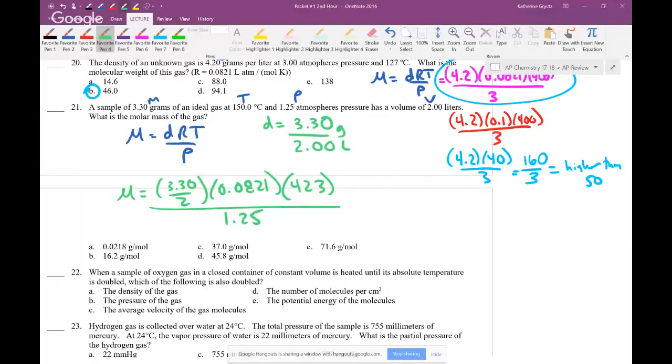Can we try it without a calculator real fast? See what we can come up with. Sure. So it's 3.3, you say to make that 0.1. The temperature is wrong? No, it's 150 plus 273. That's 423. Yes.